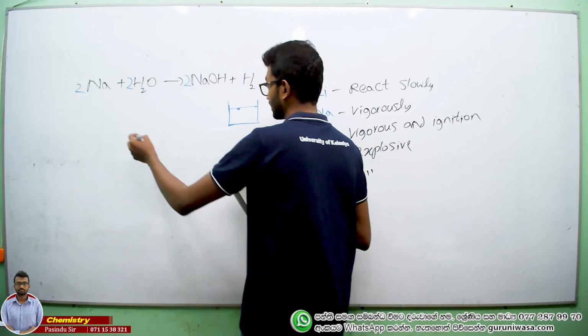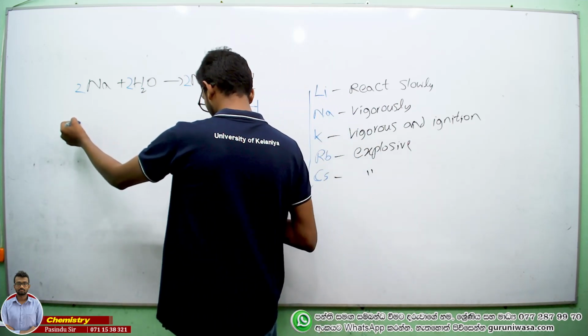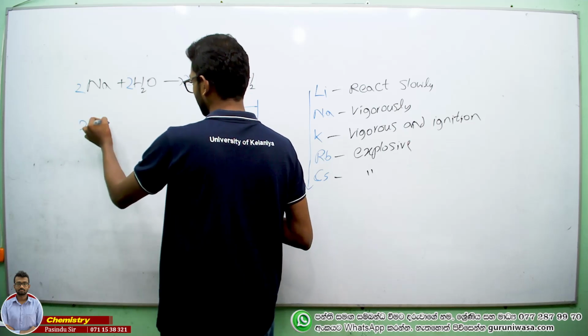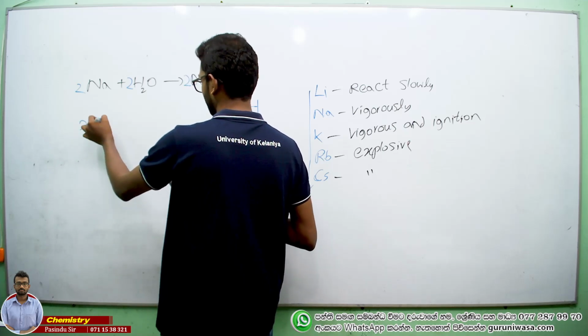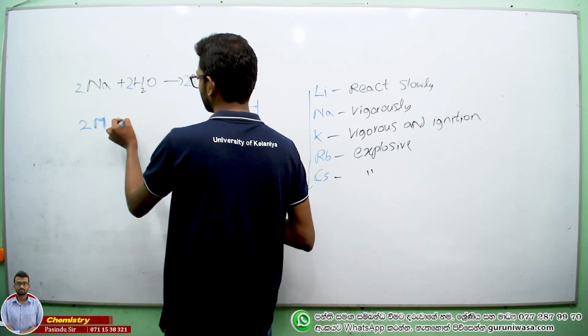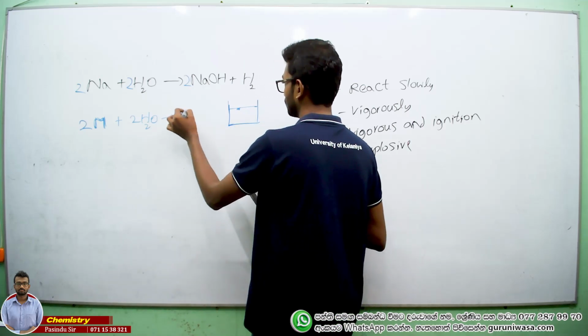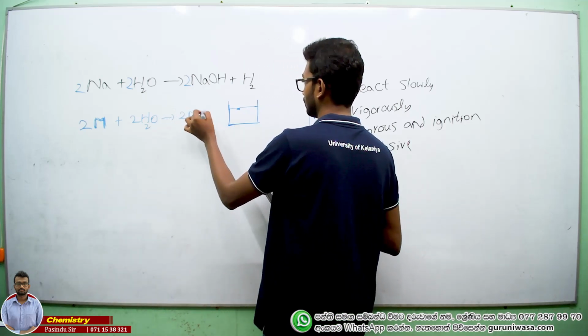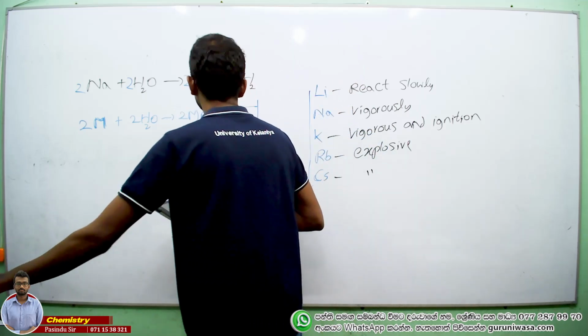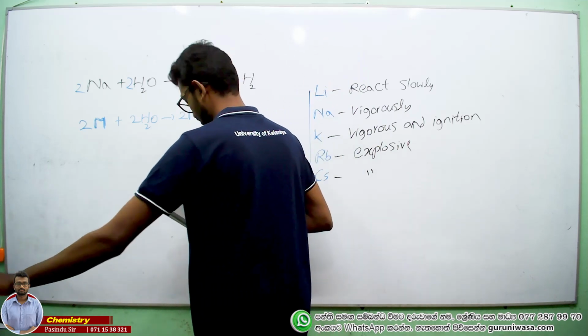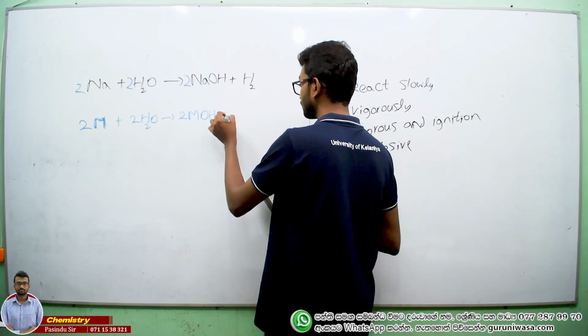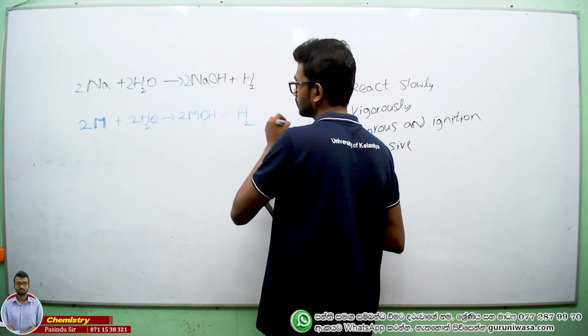Okay, we can write the common formula. If we take M, 2M plus 2H2O gives 2MOH plus H2. Okay.